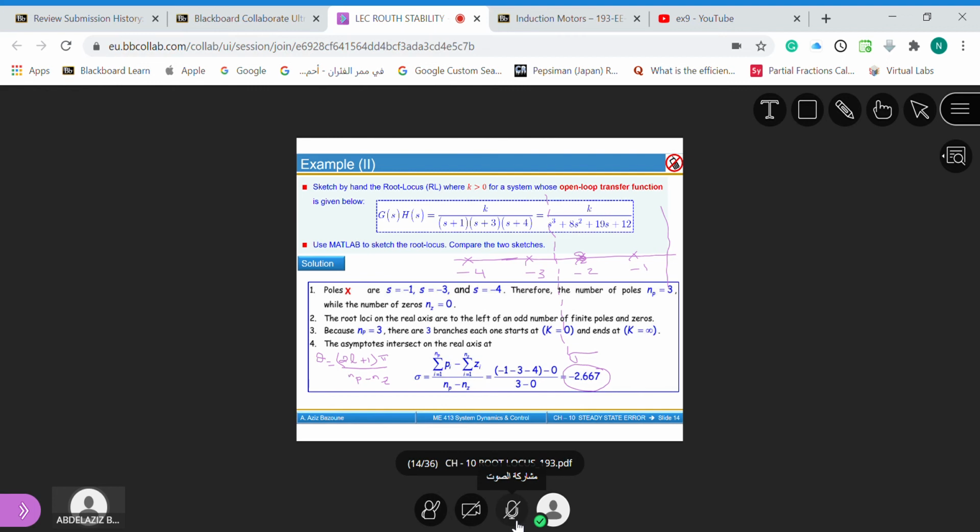Let's take L equal to 0, guys. Theta when L is equal to 0: here, in this equation, it will be (2L plus 1) times pi divided by np minus nz, which is 3.